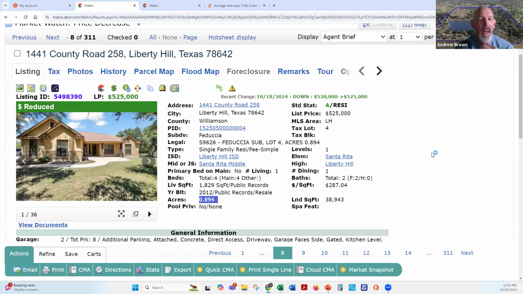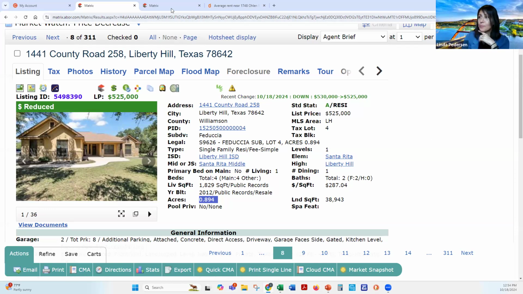The value of that house is more the land, and guess what? You can't really rehab land. You can a little bit, but that's not where you're going to make your money. It's the land that has the value. So one simple way to narrow down your focus is to say, only give me things that are under a third of an acre.